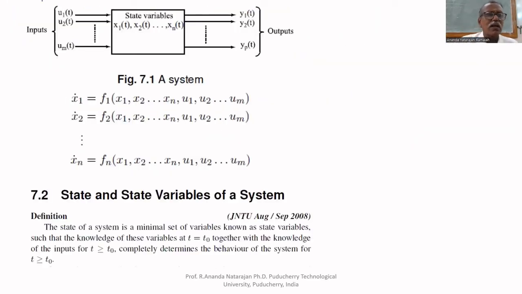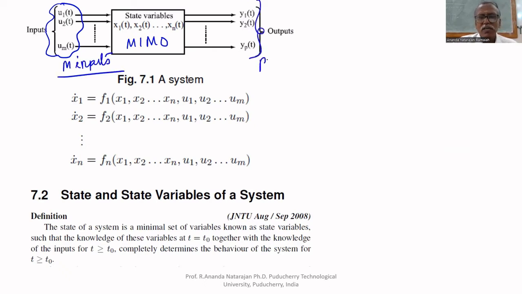In the state variable model, you can consider, for example, a MIMO system. How many inputs are there? M inputs are there. How many outputs are there? P outputs are there. Outputs are Y1, Y2, Y3, up to Yp.